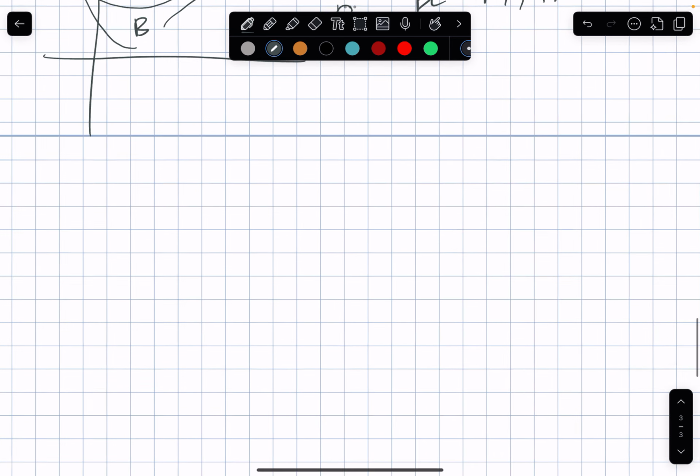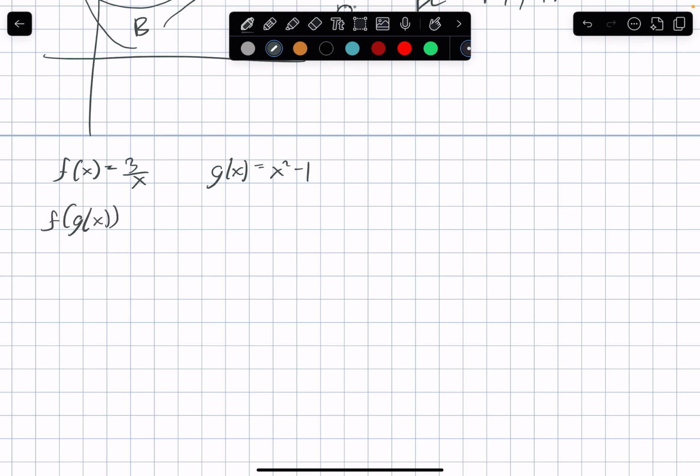Okay, composite functions. Let's have a short recall. So let's say f of x is 3 over x and g of x is equal to x squared minus 1. So let's find f of g of x. Now, what does that mean? As you can see, the one that's outside is this.